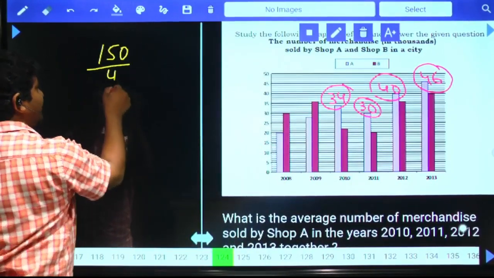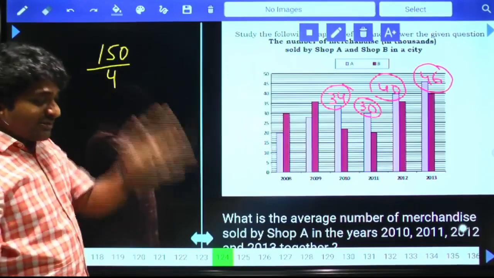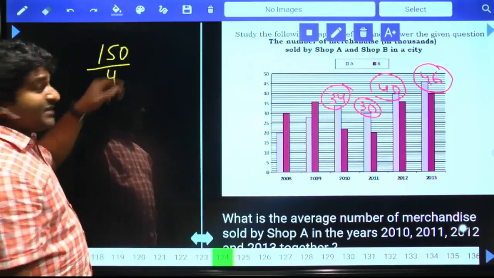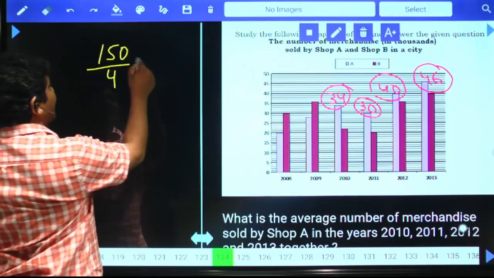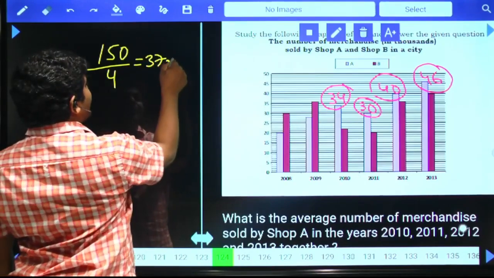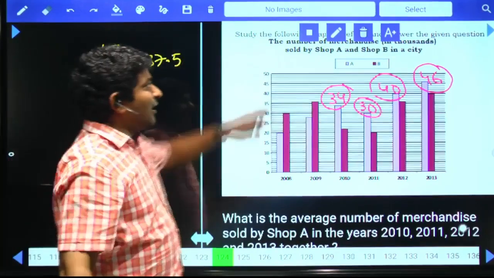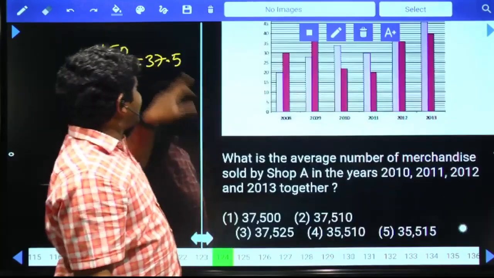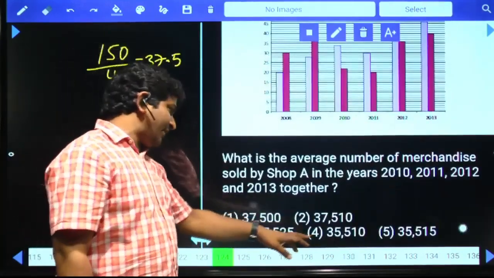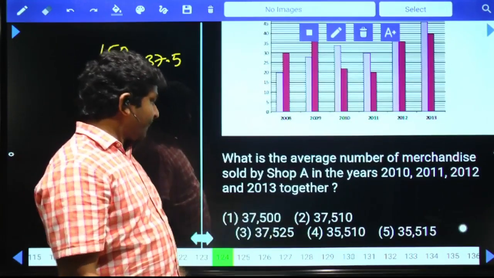Average, divided by 4. Divided by 4 in the sense half and then half. Half of this number 75, again half 37.5 thousands. All the values are in thousands. 37.5 thousand, 37,500. First option answer.